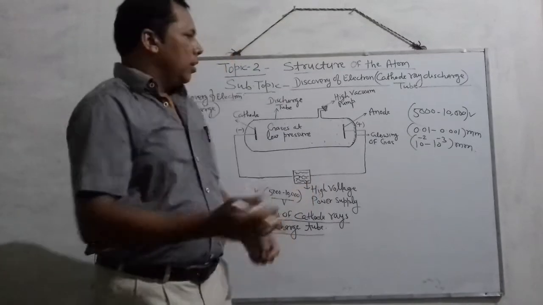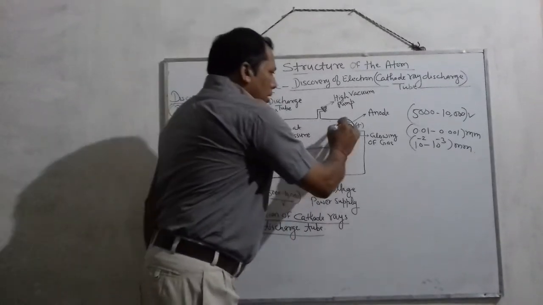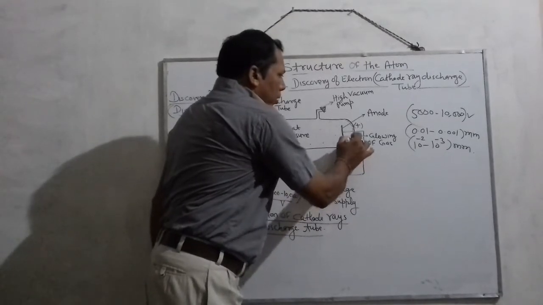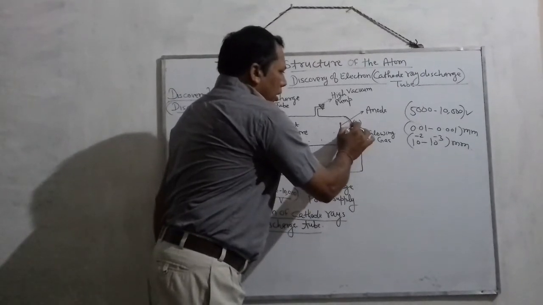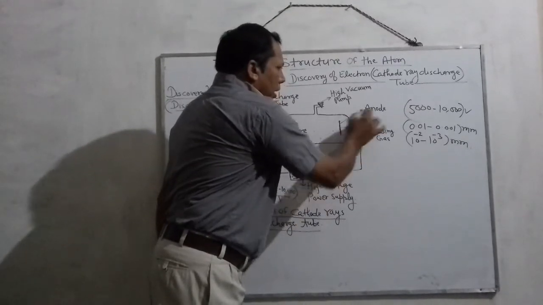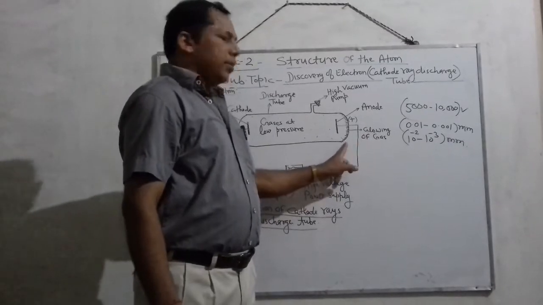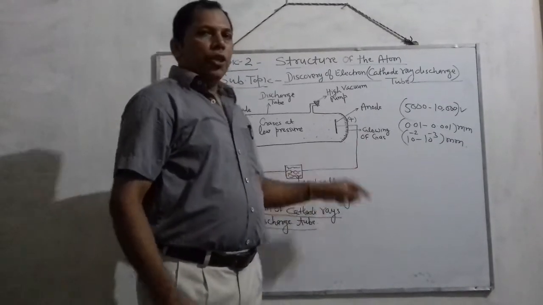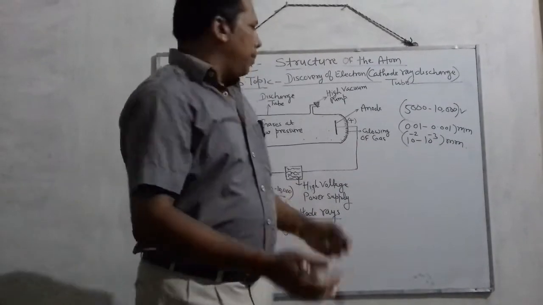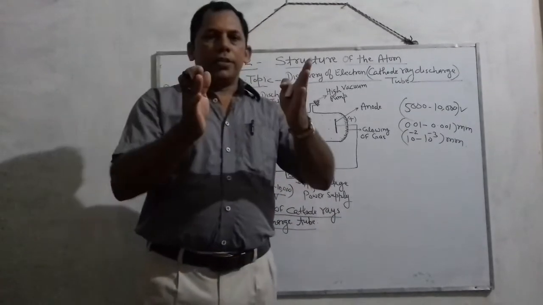That's why the gases start to glow at the side of the anode, and the glowing of these gases is due to the emission of some invisible stream of rays.